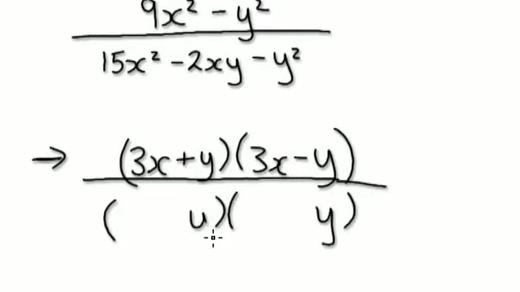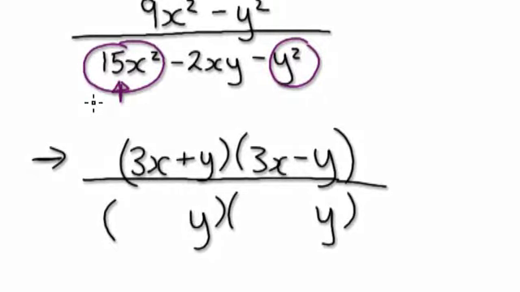We've got a hunch that it's going to be something like this: y and a y over here. Now this is really hard to do when the coefficient of x squared is a number. You've got to do this part and this part simultaneously. How would you create the 15? You just got to play around with it. You're going to need 3x here and a 5x here.